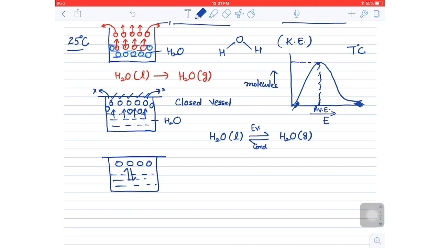Water is evaporating into the gaseous form, and these water vapors are again moving into the liquid state, but there will be a certain number of water vapors above the surface. What will these water vapors do? They will collide with the walls of the container as they have energy. They will exert pressure.